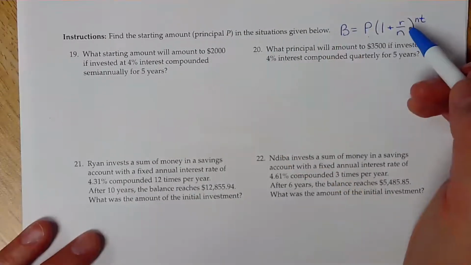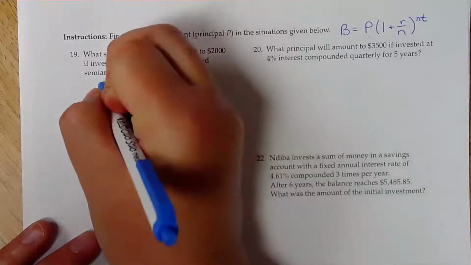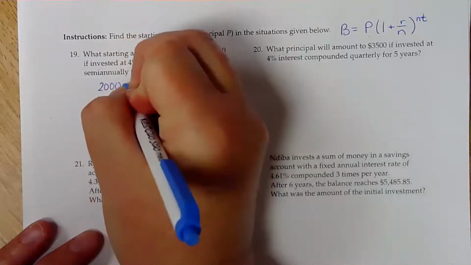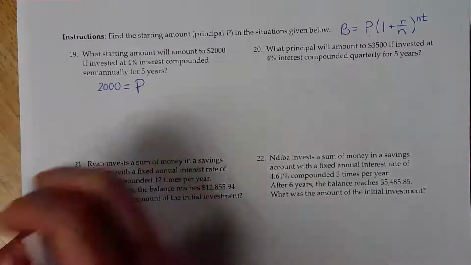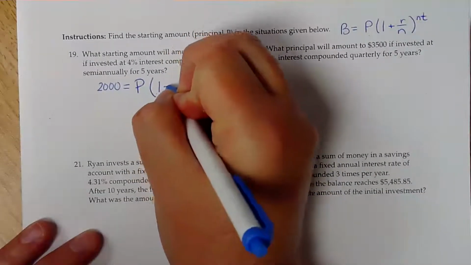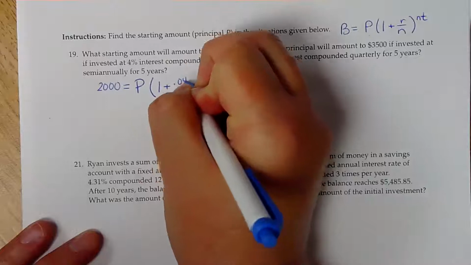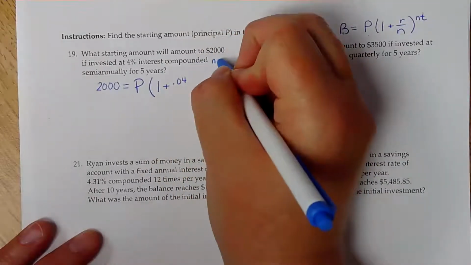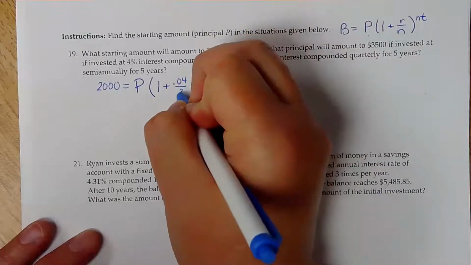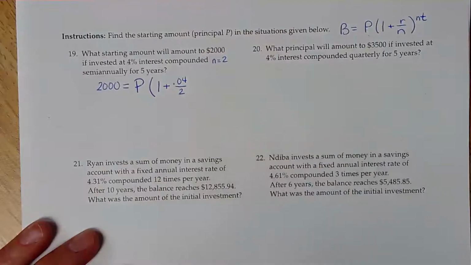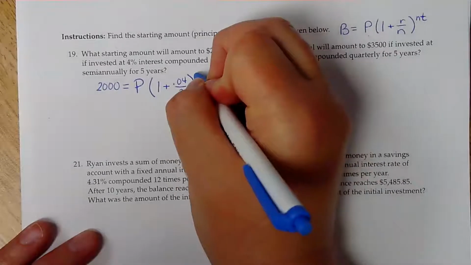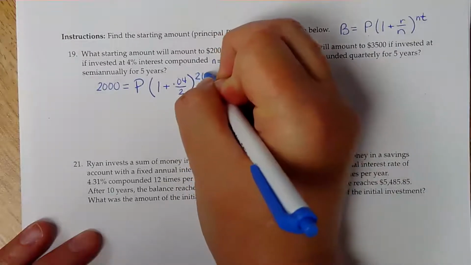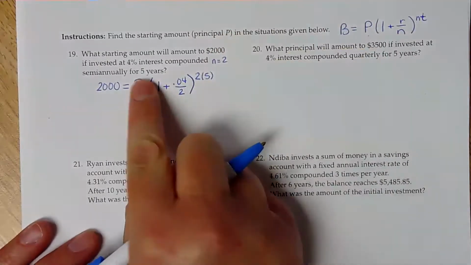All right, so we're going to use this formula that 2,000 is my balance, and that's going to be equal to P. And P is what I'm solving for because that'll be my starting amount. And it's 1 plus 0.04, and we are compounded semi-annually, so N is 2. So the quantity 1 plus 0.04 divided by 2, and then that quantity is going to be raised to the power of 2 times 5, okay, for that 5 years.